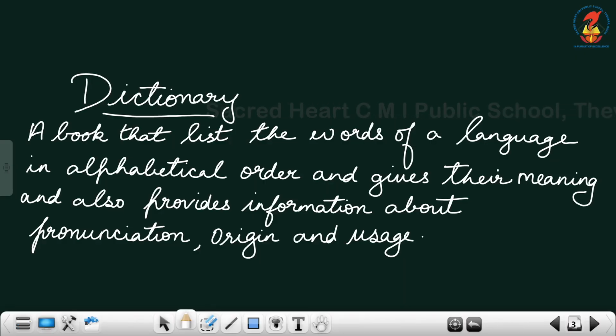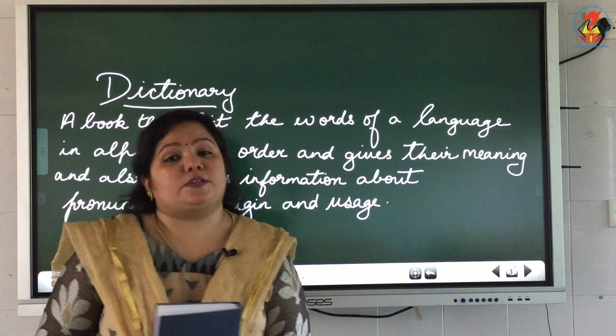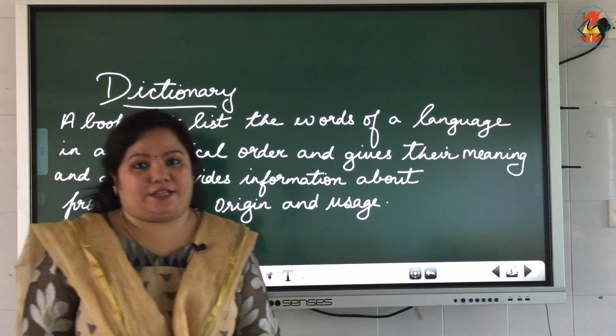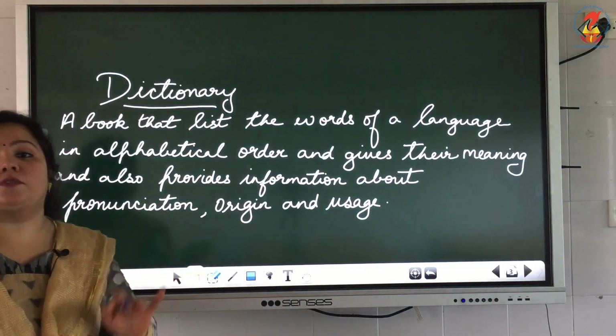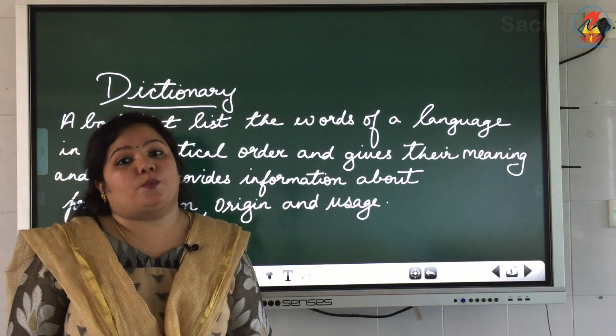A dictionary is actually a book that lists the words of a language in alphabetical order and gives their meaning, and also provides information about the word's pronunciation, the origin and its usage. So, it's not only meanings that you can find in a dictionary, right, children? You can find the pronunciation of the word, the way you pronounce a word.